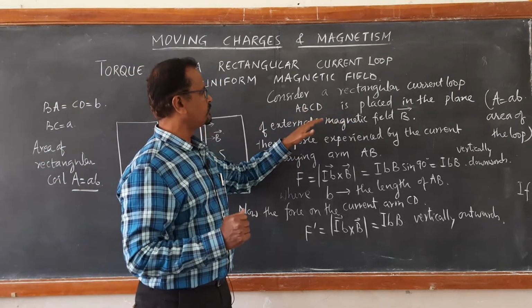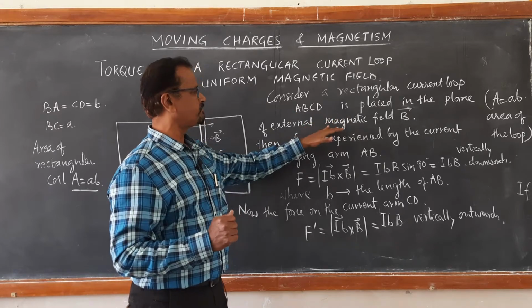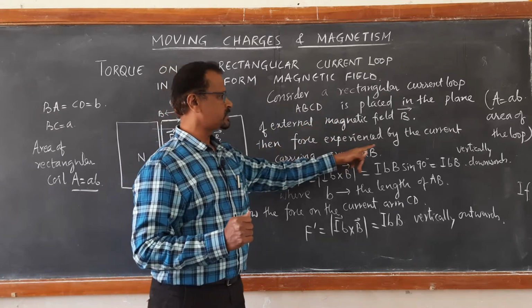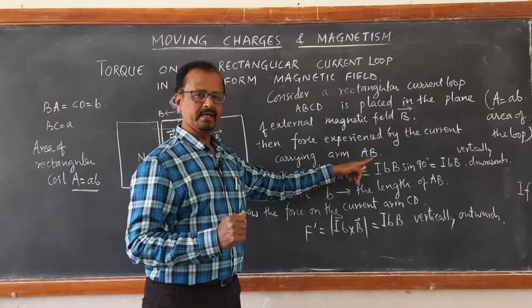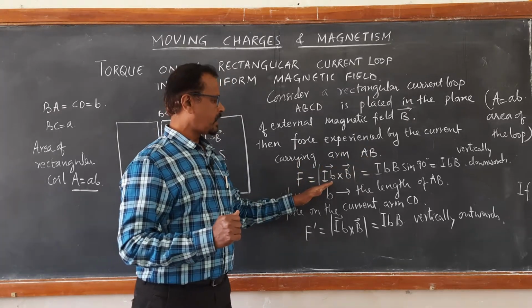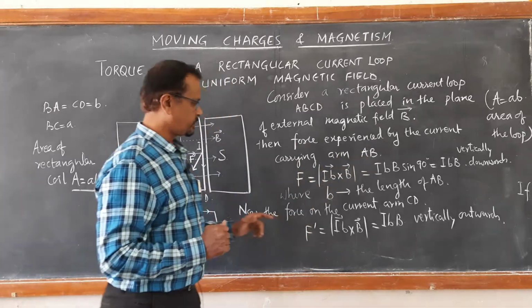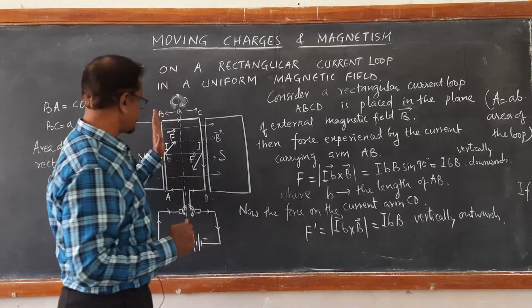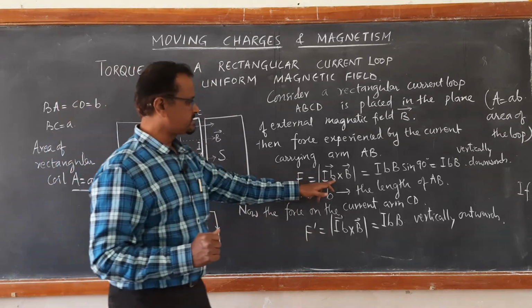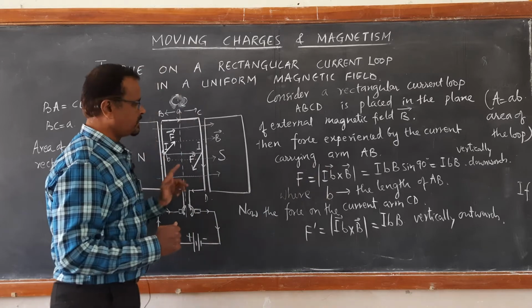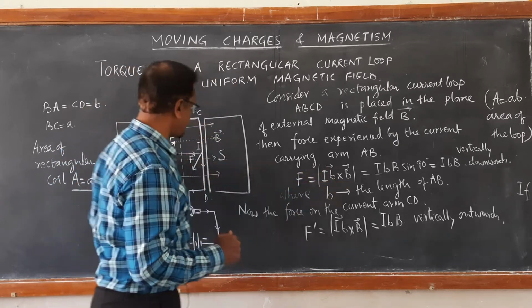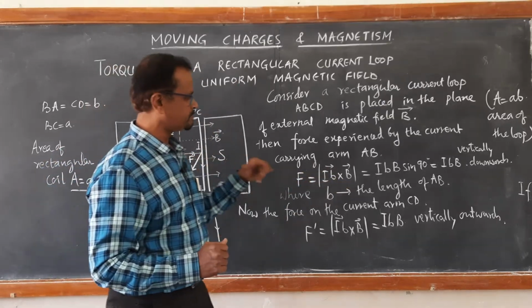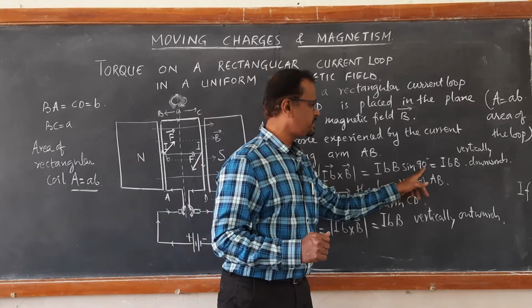Suppose a rectangular loop ABCD is placed in the plane of external magnetic field, then the force experienced by the current carrying arm AB is given by I l cross B, where I is the current flowing from A to B, l is the length of arm AB, and B is the external magnetic field. Then this can be written as I b B sin 90.